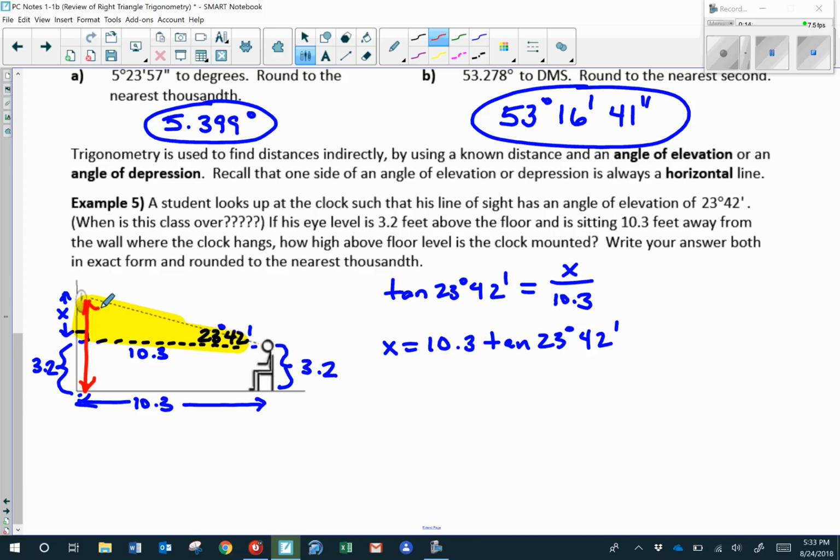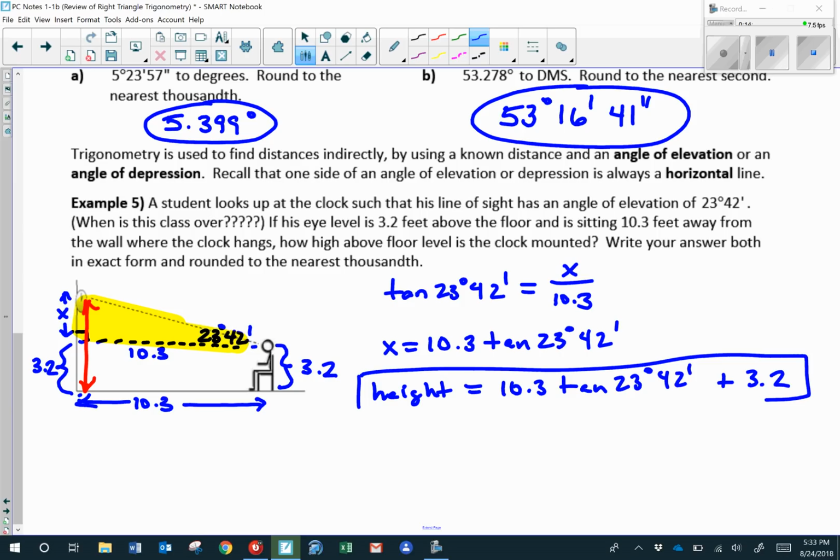We're just going to simply add 3.2. So the height above the wall is 10.3 tangent of 23 degrees 42 minutes plus 3.2. That's what we call our exact form answer.